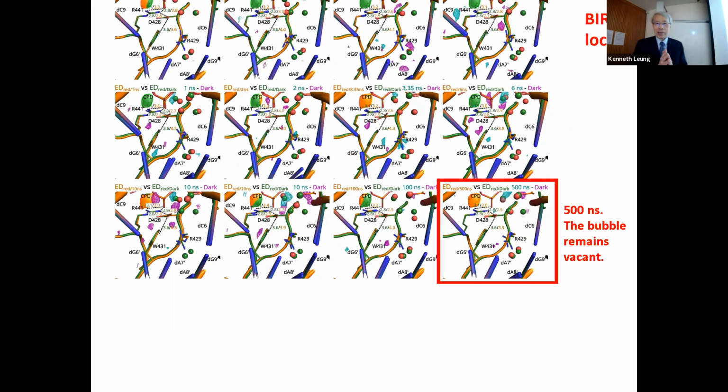Okay. So at 500 nanoseconds, what we see is the enzyme, or the entire region, this region still empty. Okay.